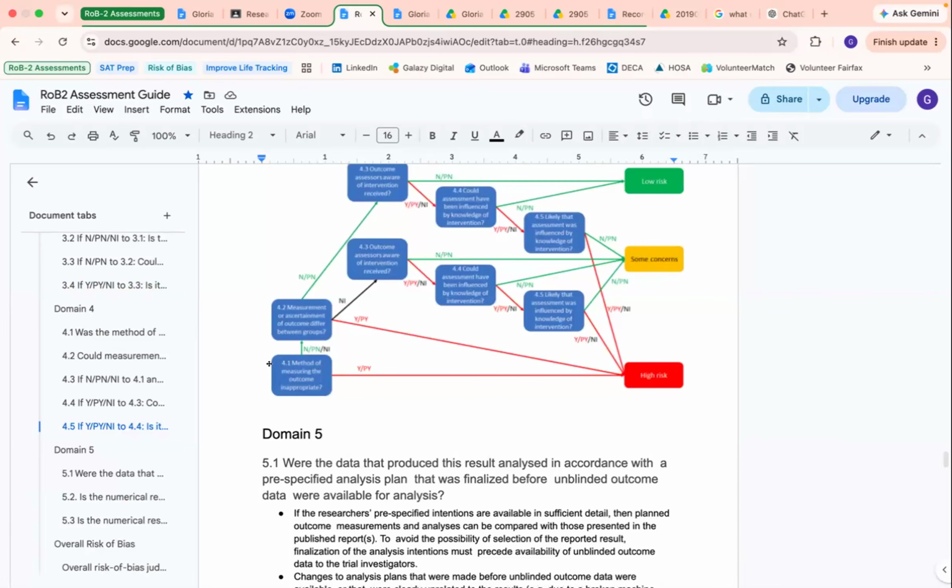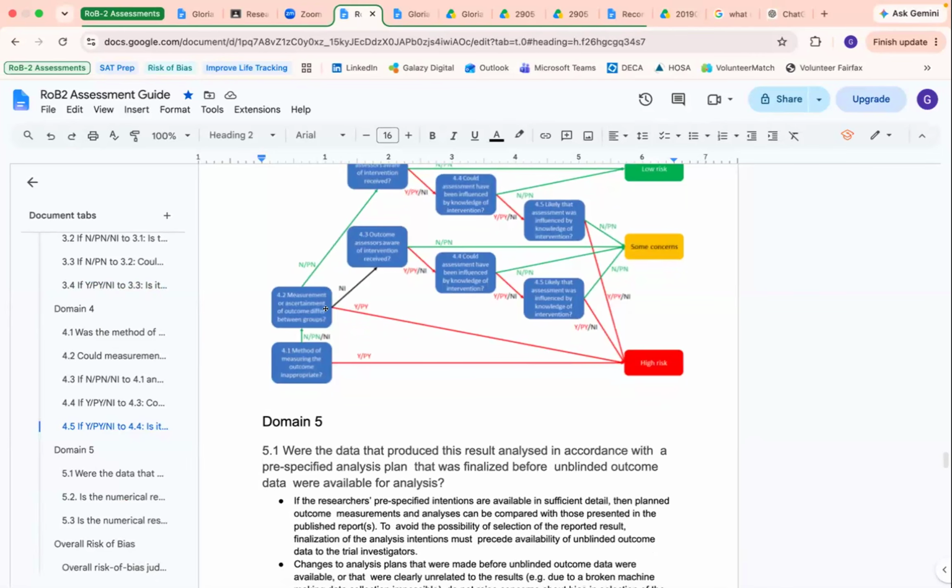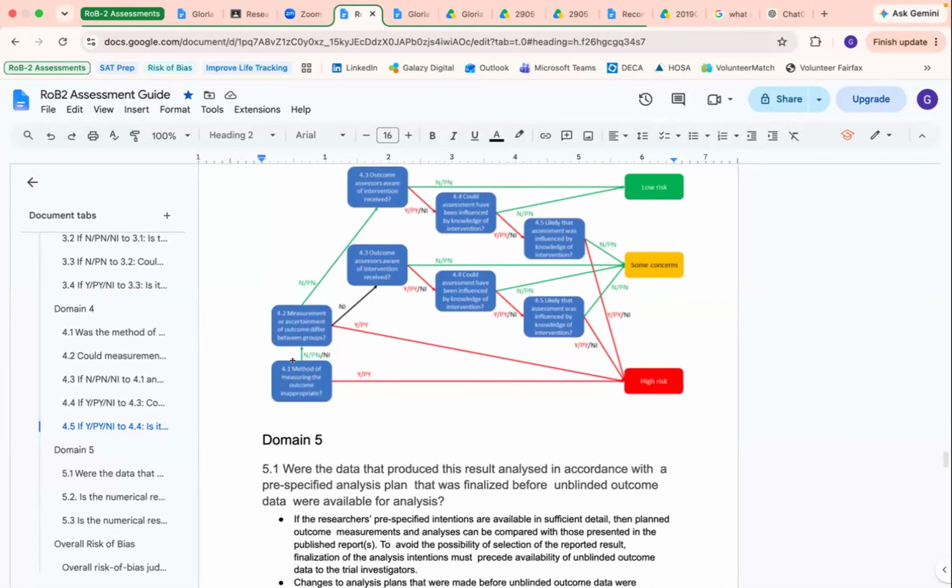But it would be weird if the algorithm does say that even though the principal investigator was not blinded, it's still low. So let's follow through it and see what it says. I have the algorithm up on my screen. Can everyone see it? Yeah.